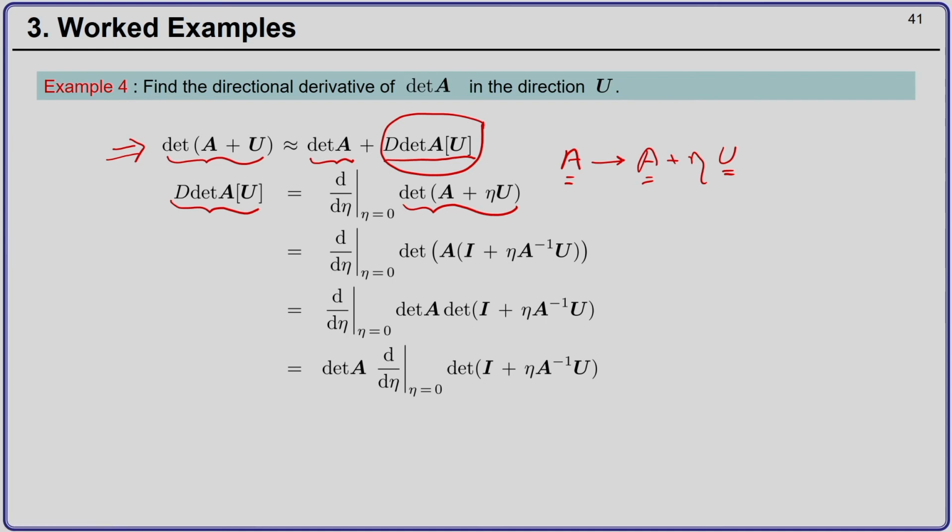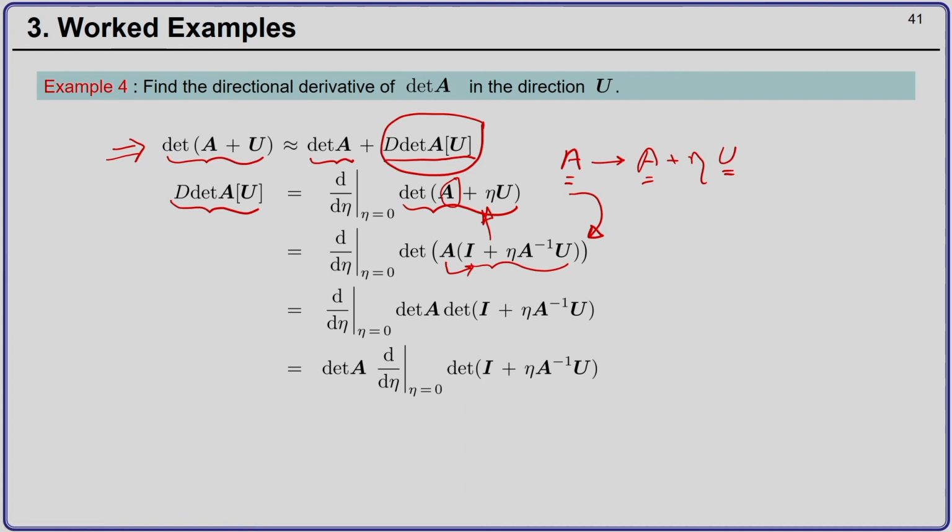Now, unlike for scalar quantities, finding out the derivative with respect to eta is not that straightforward. So, the way we approach is, in the next step, we take this A outside the bracket. So, it would become A times I plus eta A inverse u. You can check for yourself. If you take A inside, you will get back this quantity over here.